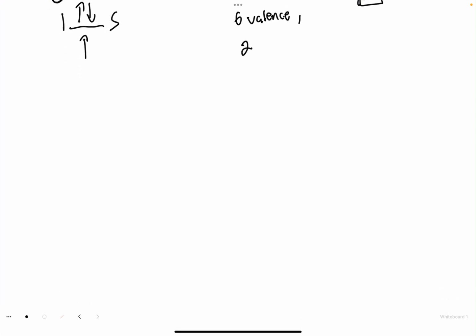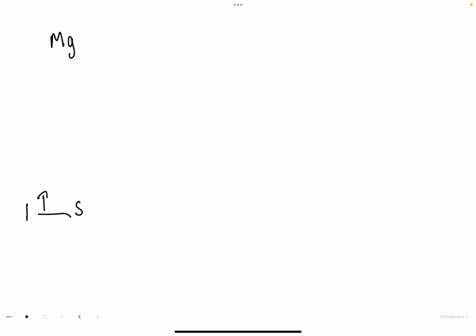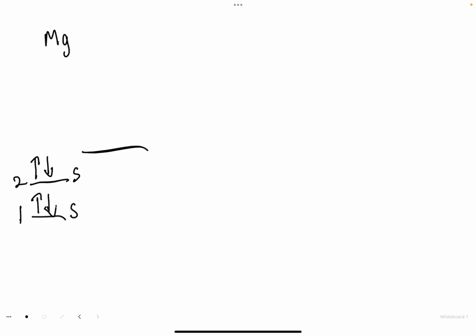Then let's try a different example, something more complex. Let's try Mg. Mg has 12 electrons. It's the same process. Up, down, you get to 2. Up, down, so now you're at 4 electrons. Now you're at the p sublevel, but you're still in the second level.